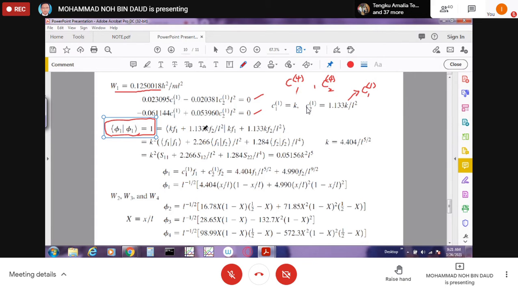So we can write this overlap matrix, these overlap integrals of the trial functions, like this.